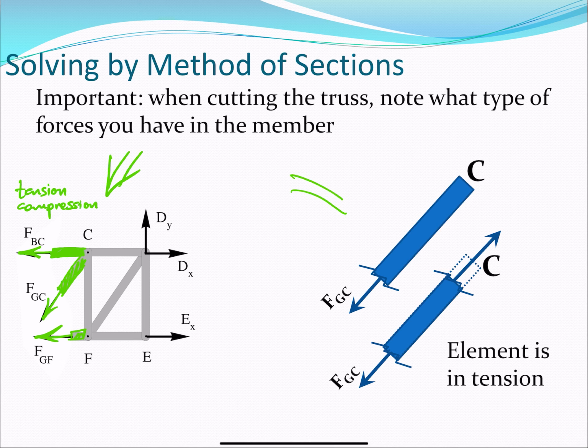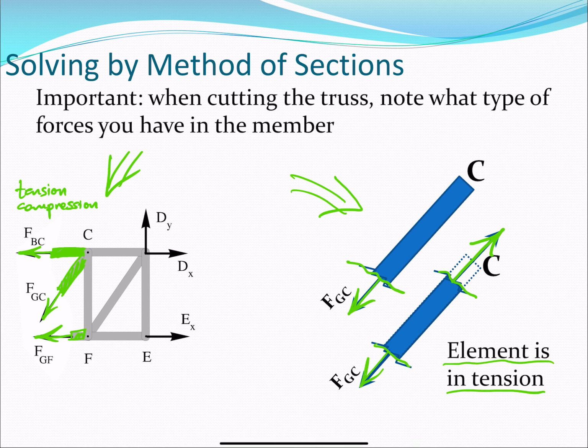Now take a look at this side of the slide. So I cut through the member, and I found this force, FGC. Now, if I make a small cut on the other side of the member, I find a force that shows me that indeed this is the force in the member. So this force is stretching my member. It's acting in the member. So this element is in tension.